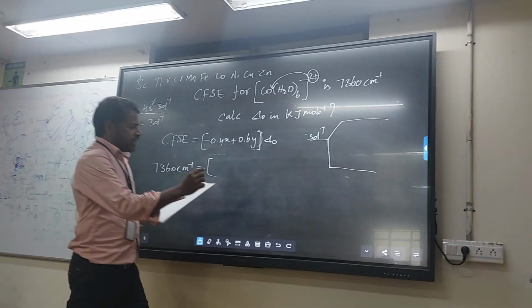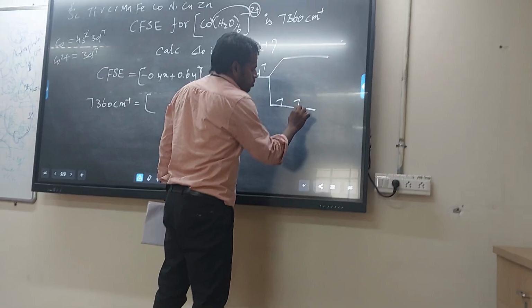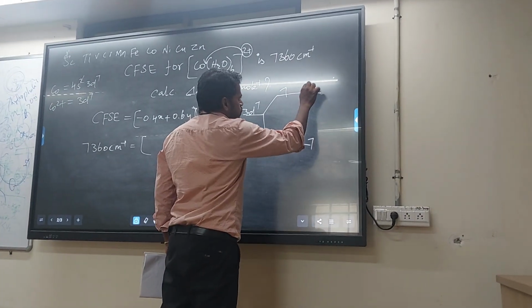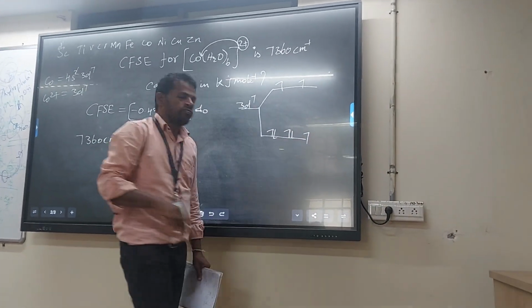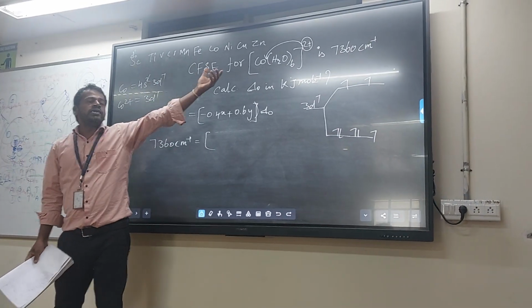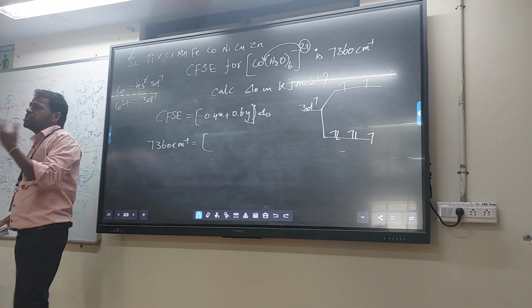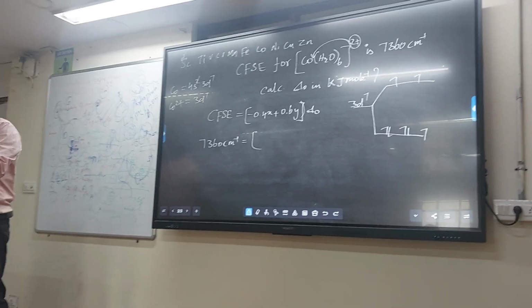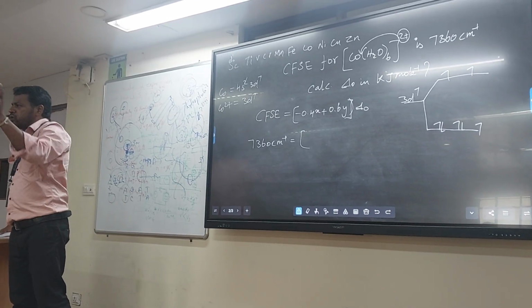Now you fill the electrons: 1, 2, 3, 4, 5, 6, 7. Assume this ligand is a weak ligand. If they didn't mention weak or strong ligand, you calculate both.